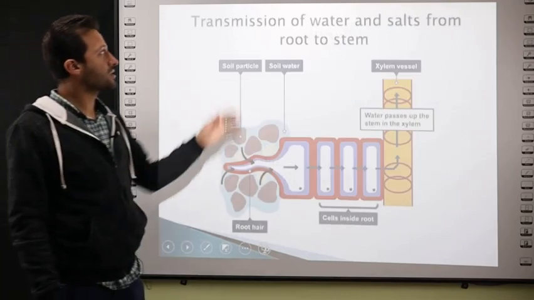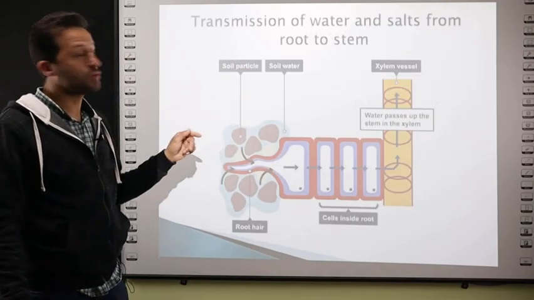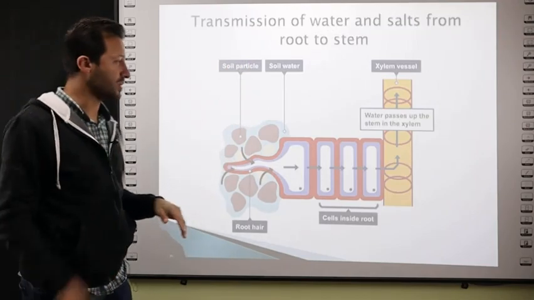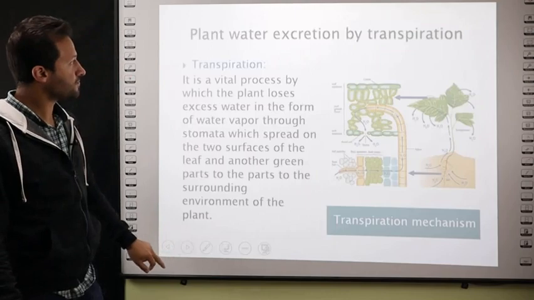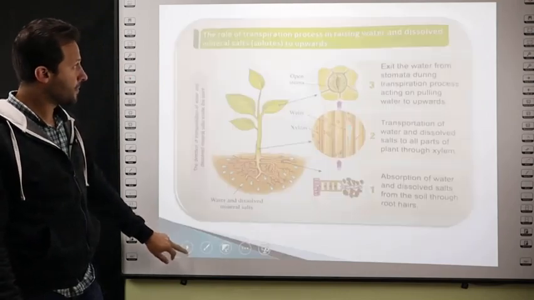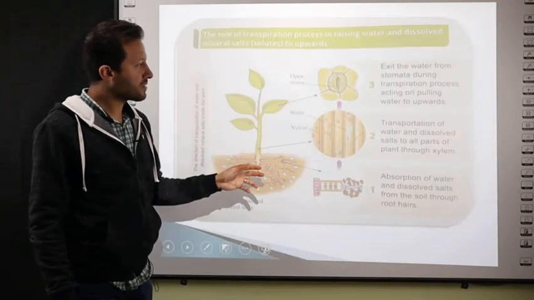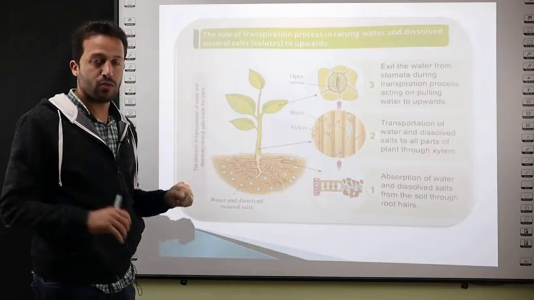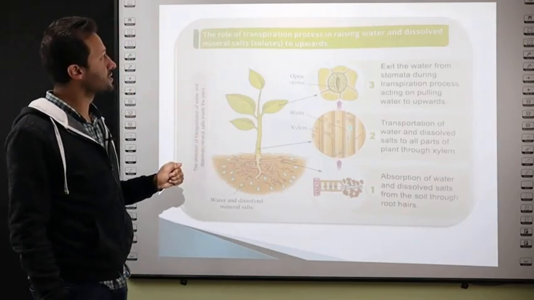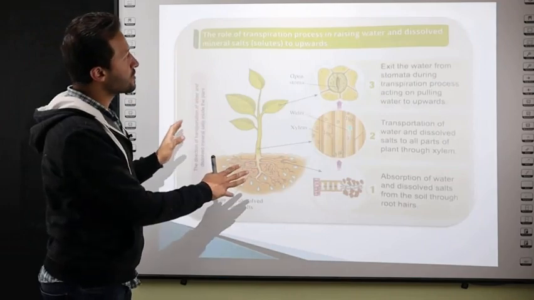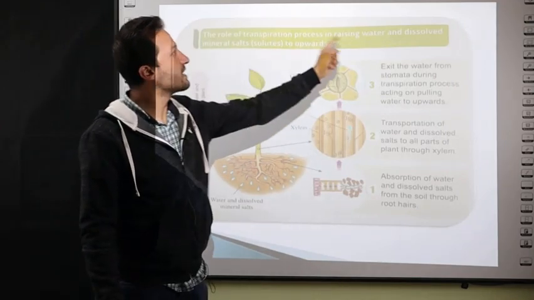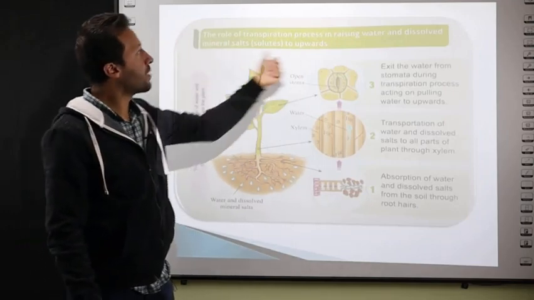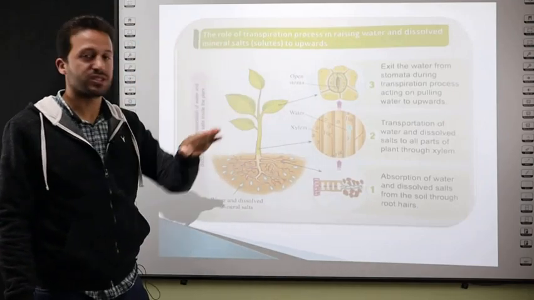Now let's talk about the transmission of water and salts from root to stem, then to leaf. In this figure, which I took from the Al-Mu'asir science book, the figure is talking about the role of the transpiration process in raising water upward from root to stem to leaf.